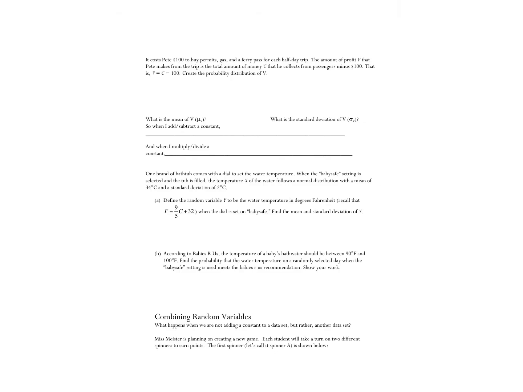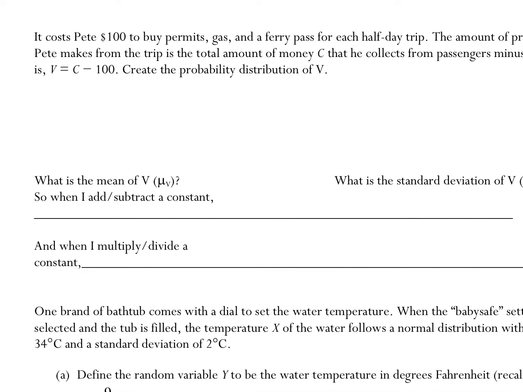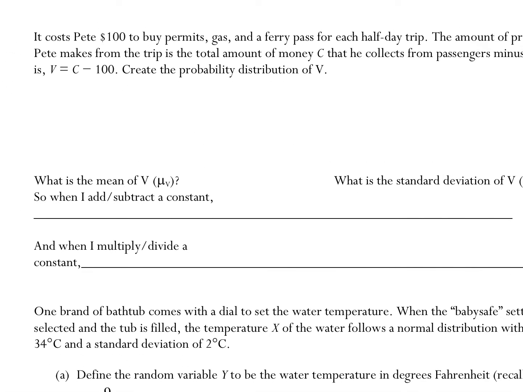One more distribution. This distribution is going to be Pete's profit. We're going to call it V. And so if he collects 300, but it costs him 100, we're going to take 100 away. Now he's only making 200.